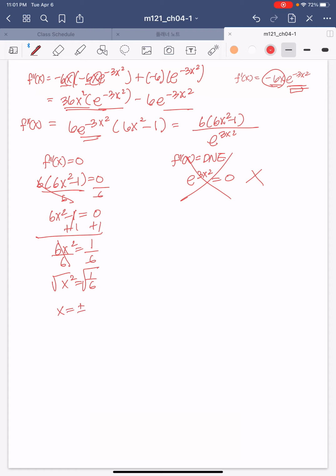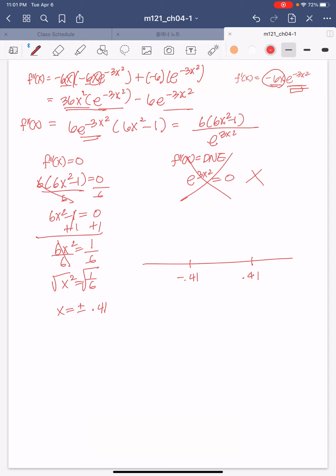What is the square root of 1 over 6? I'll just get a decimal: 0.41 rounded to 2 decimal places. So I have two critical values at negative 0.41 and positive 0.41.